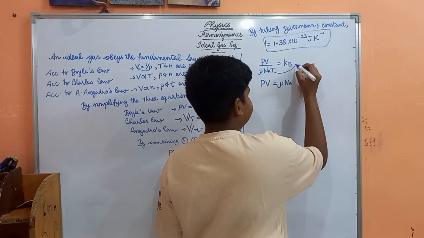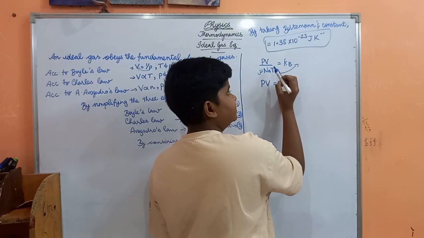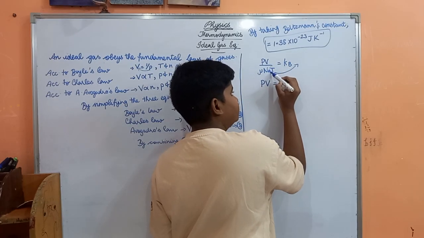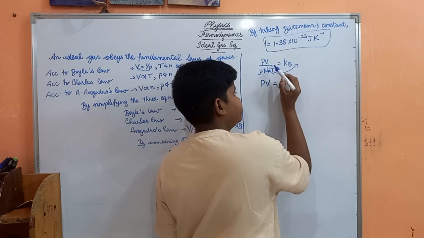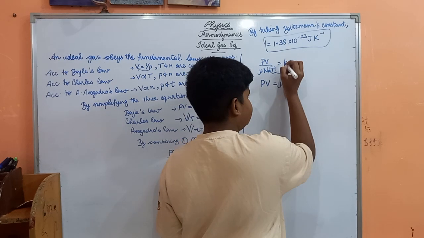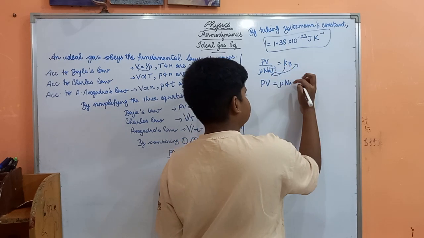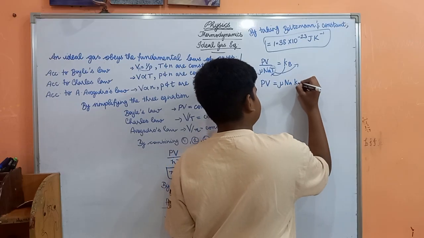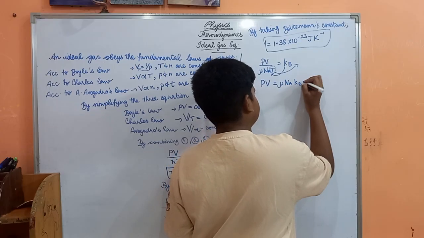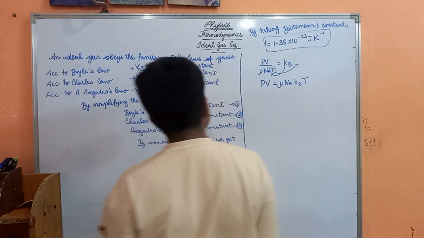Since temperature will go over here, because this is the only measurement in temperature, so it will go over here, and Kb will come here. Kb by T.